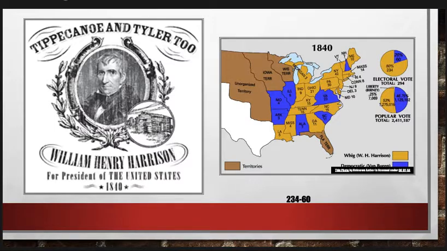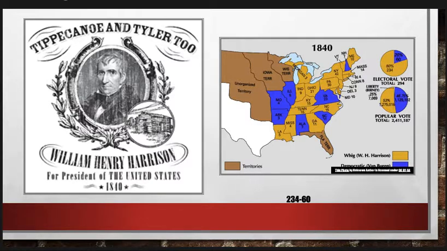So, what do we know about Martin Van Buren, about William Henry Harrison? Have we mentioned him in the past? Why does his campaign poster say Tippecanoe and Tyler too? It was his nickname. I wonder why they called him that.